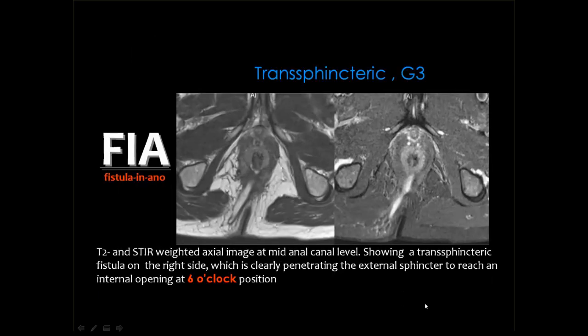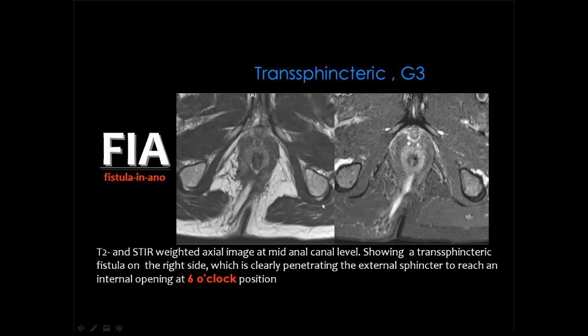Then we came to the transsphincteric fistula, in which the fistula tract crosses the internal sphincter and the external sphincter. And this is a good example where you see the internal opening at 6 o'clock position, and you see the tract passing through the ischioanal fossa until it reaches the skin.